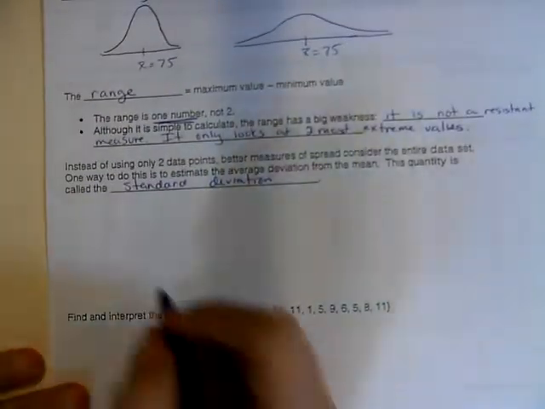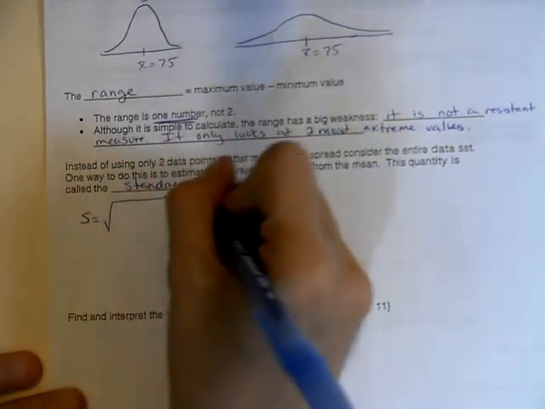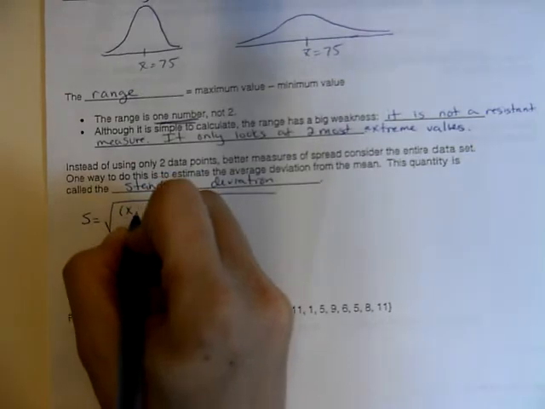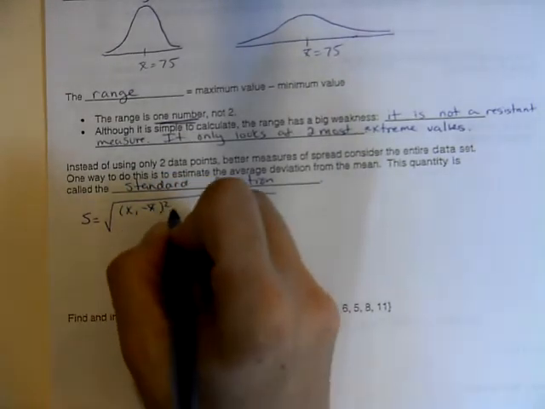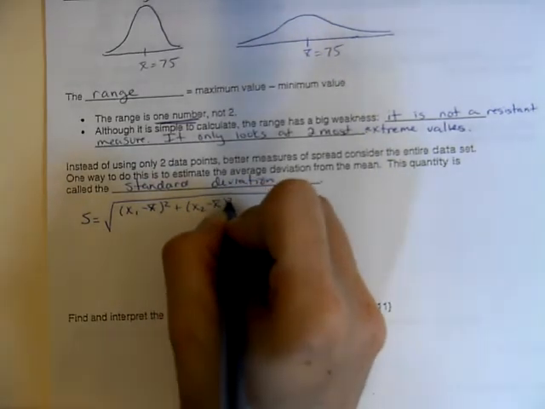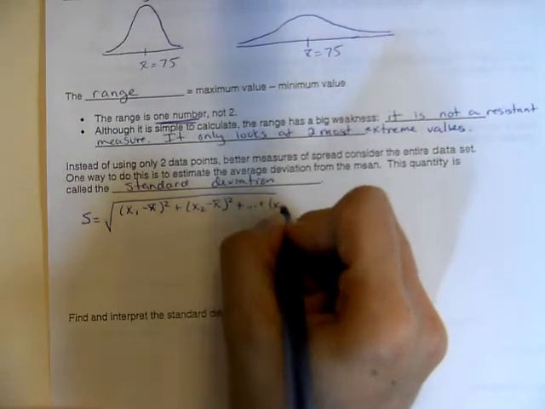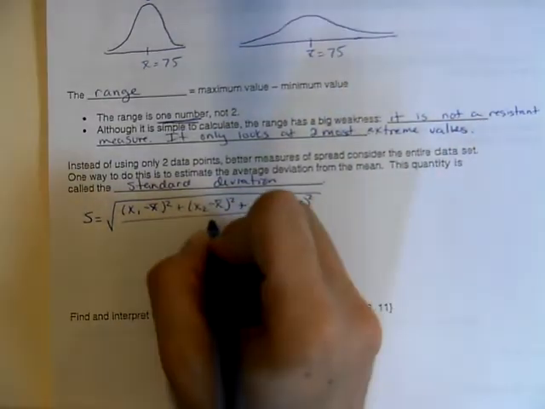Okay. Here's the formula. S is the big square root sign of (x1 minus x bar) squared plus (x2 minus x bar) squared plus dot dot dot plus (xi minus x bar) squared, all over n minus 1.